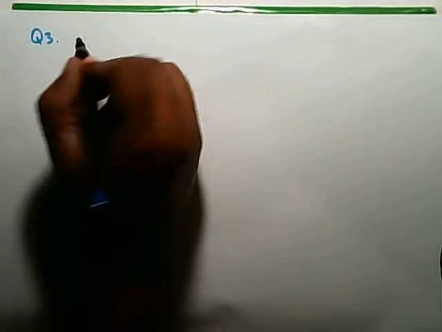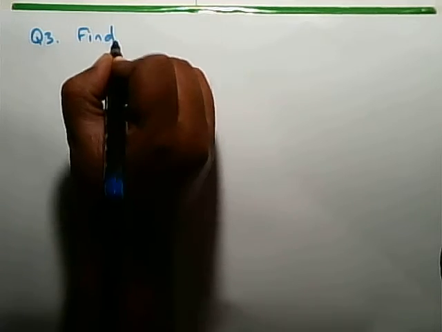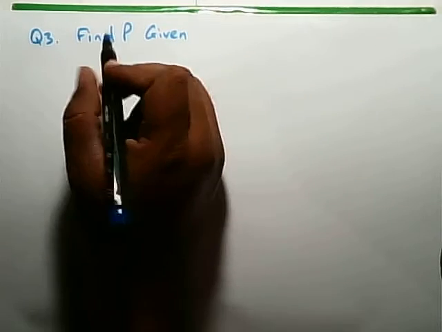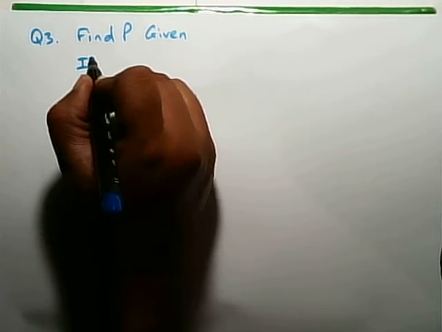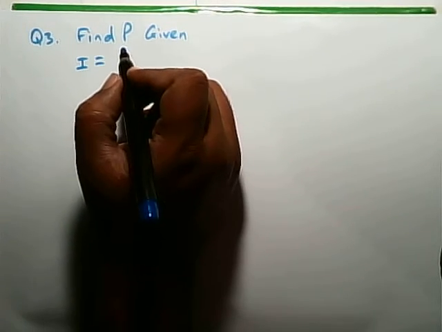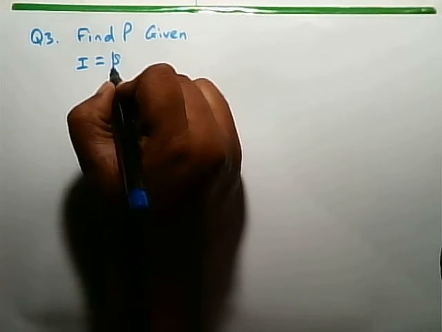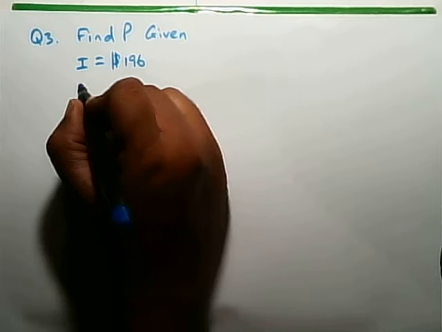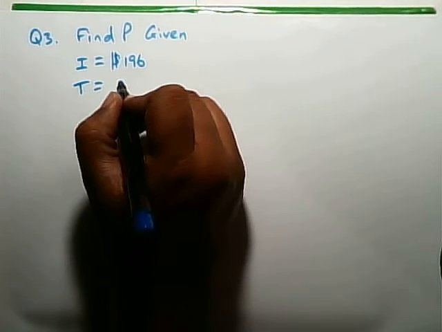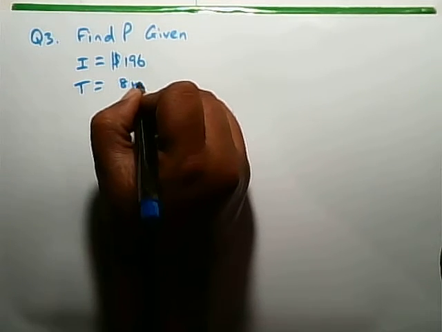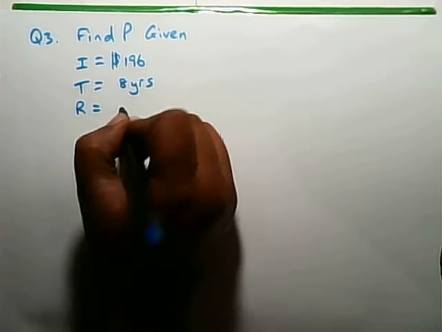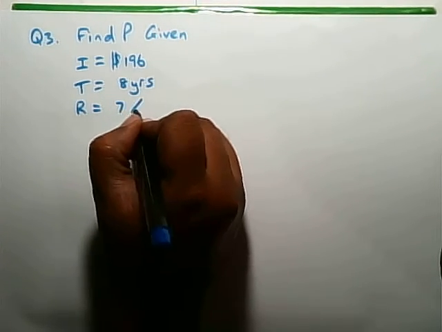Question 3. You have to find P, given that the simple interest is 196, the time is 8 years and the rate is 7%.